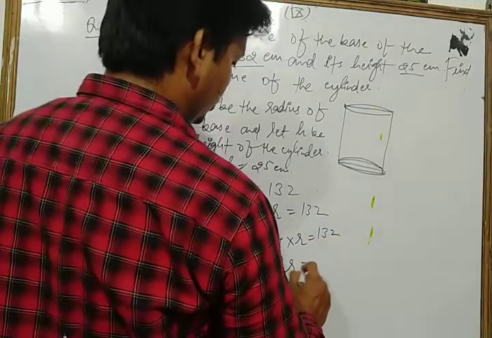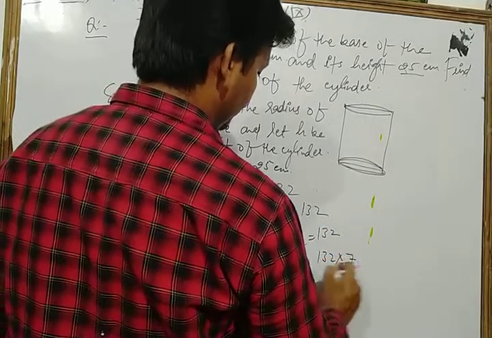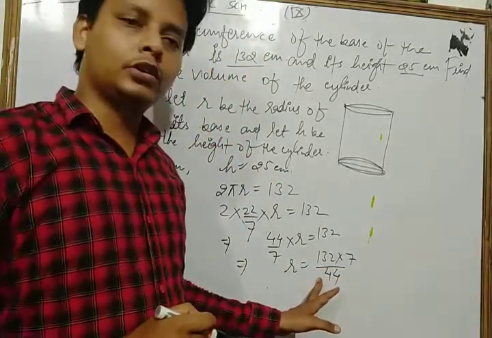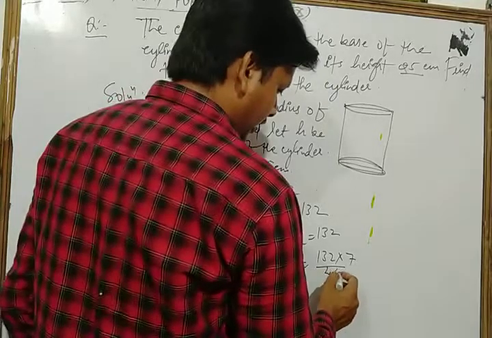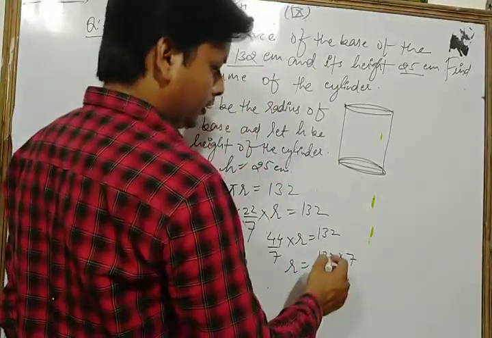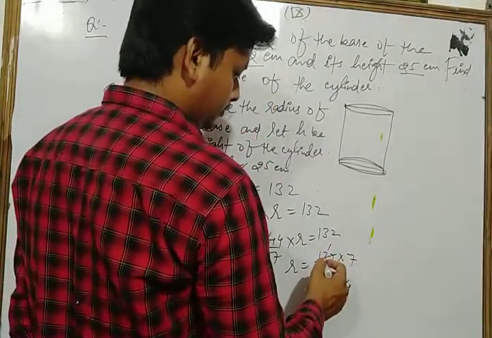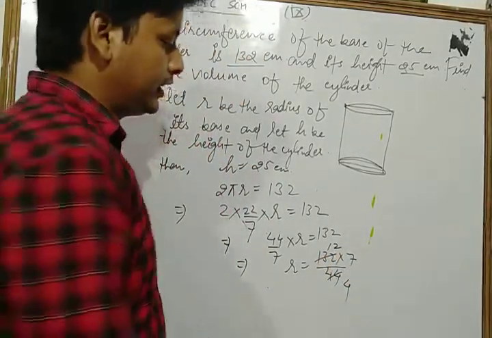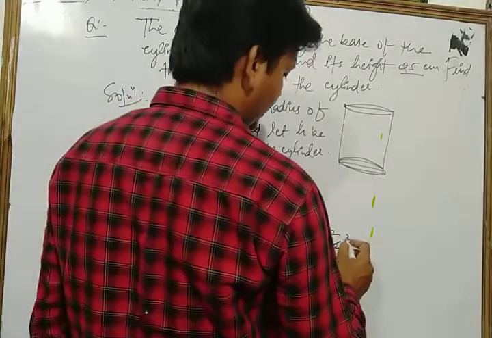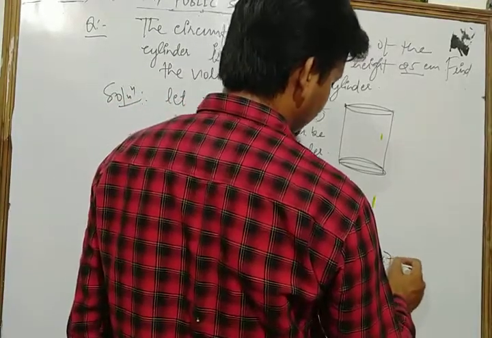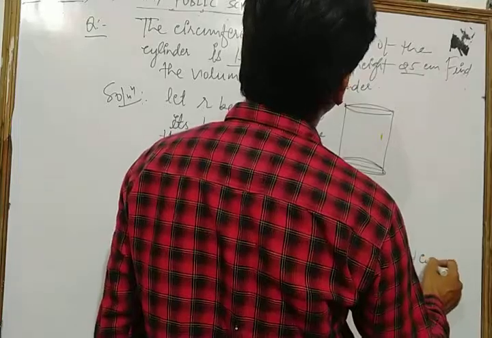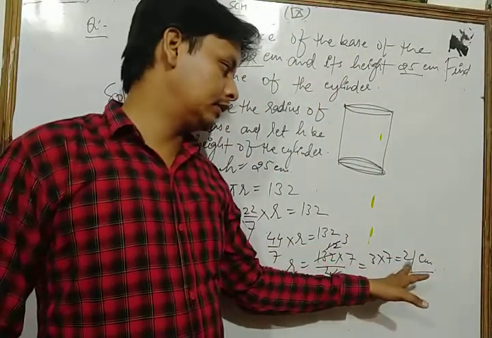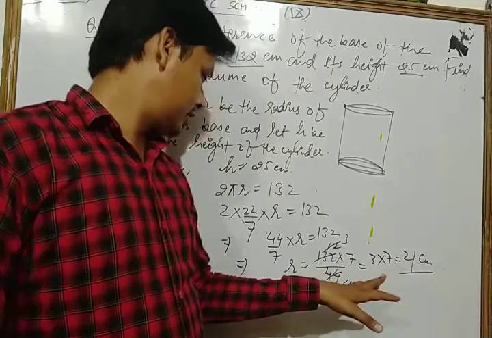That is r is equal to 132 into 7 by 44. After solving it, r is equal to 21 centimeter.